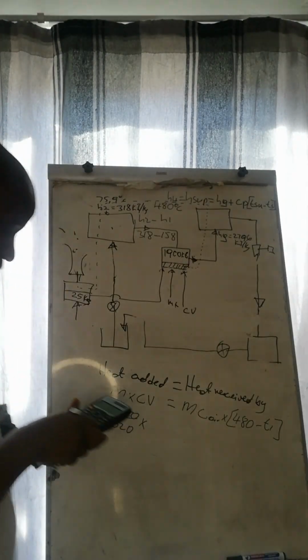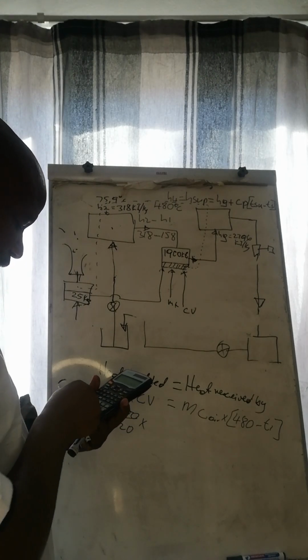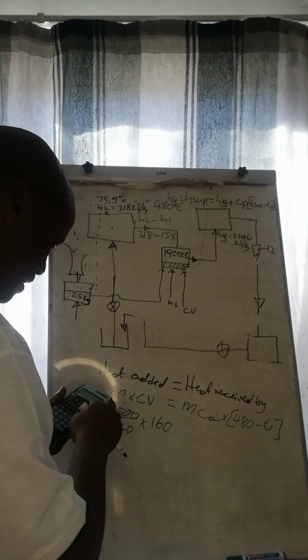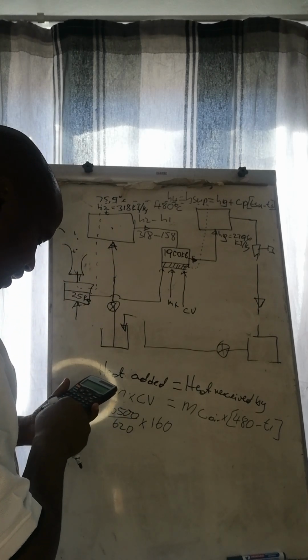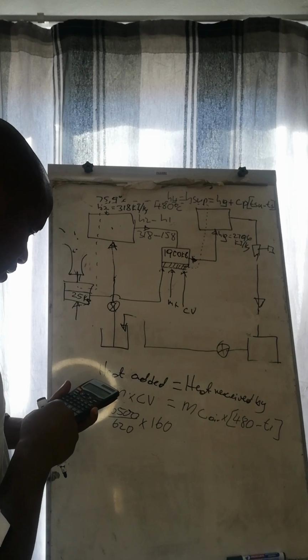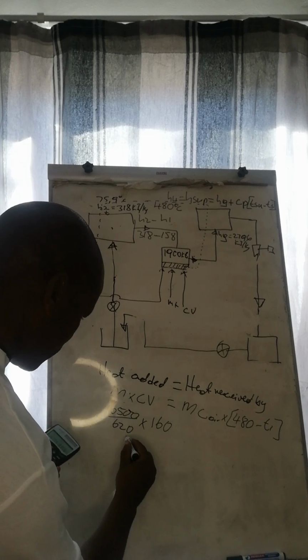This video is starting to get long, guys. 318 minus 158 is multiplied by 160.